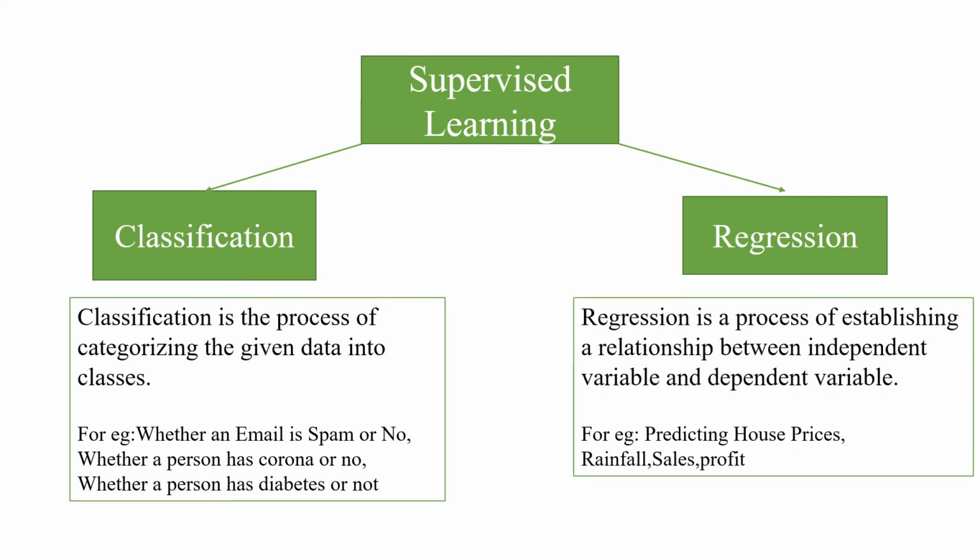Now, what exactly is regression? Regression is a process of establishing a relationship between independent variable and dependent variable. For example, you are predicting house prices, predicting rainfalls, predicting sales, and predicting profit. Now, let's learn about the different types of classification algorithms.